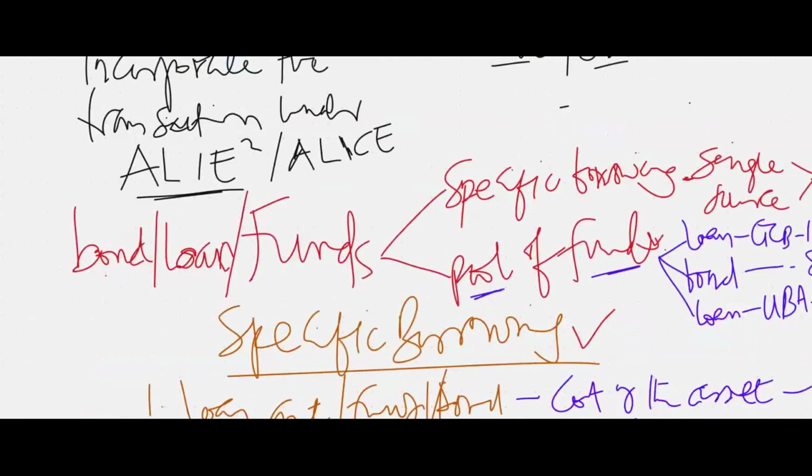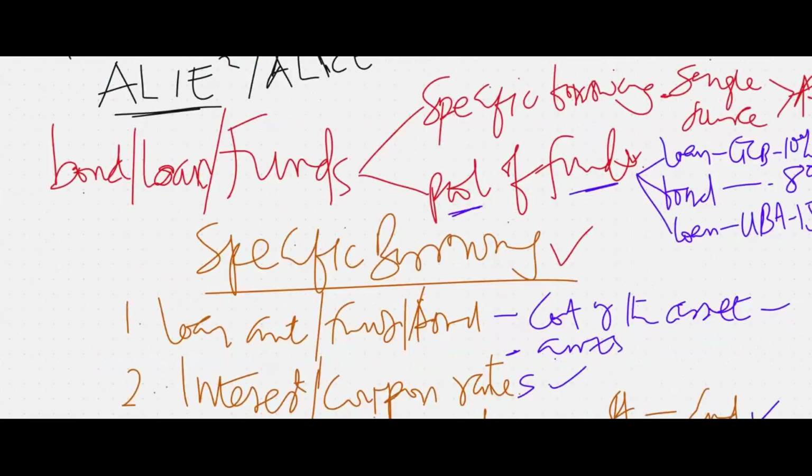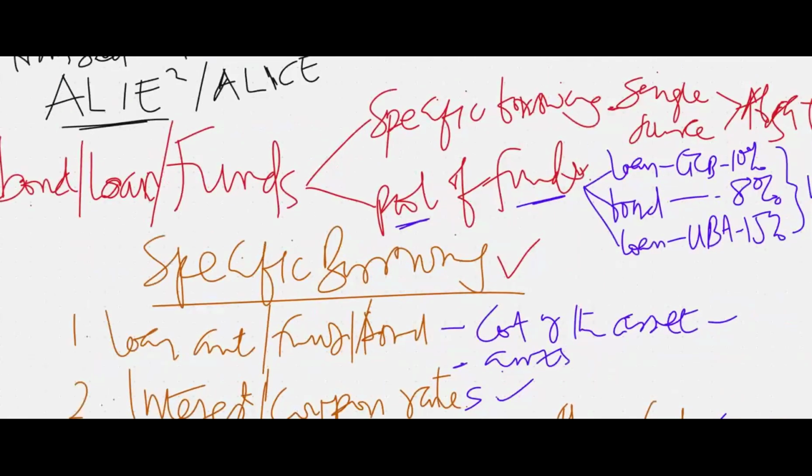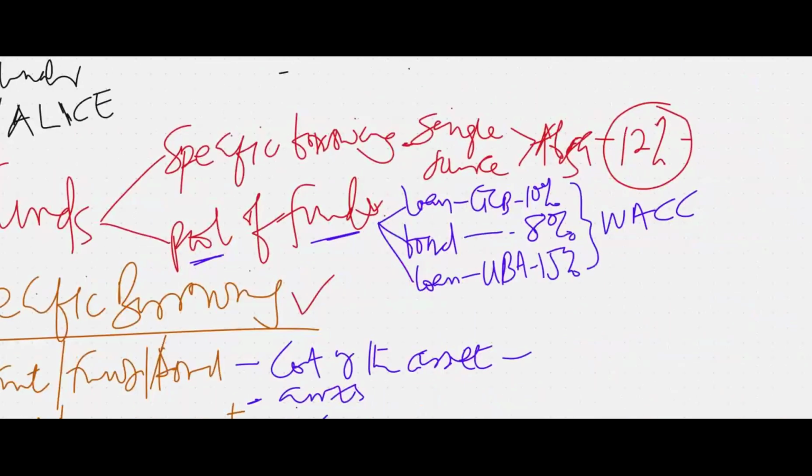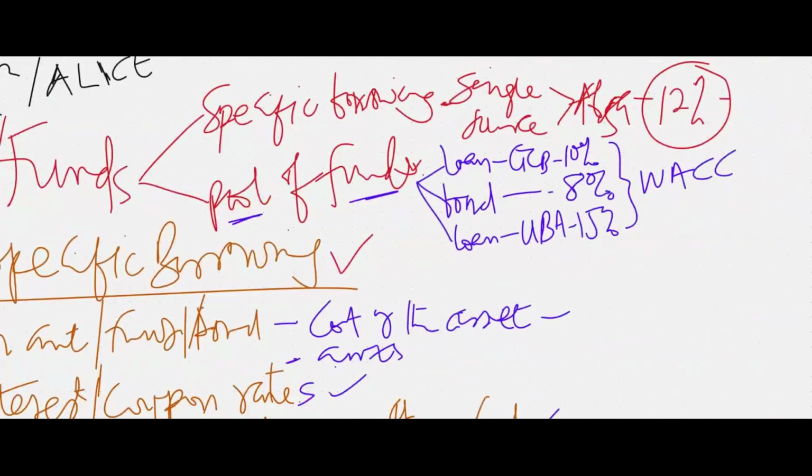Then I've spoken about the bond loan funds you need. For specific borrowing, we need a single rate. The specific borrowing is only a single source, so that one we go with 12%. But if it's a pool of funds, we will need a WACC, a single rate to represent all the three.